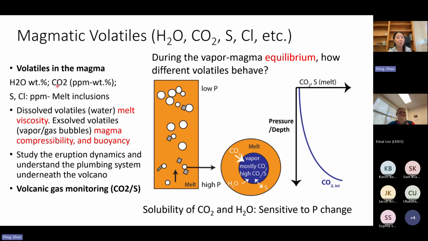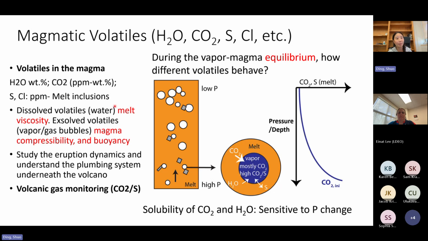CO2, we used to think was only at the ppm level, but with the advancement of measurements we realize some magma can also have weight percent level of CO2. And then we have some other less abundant ones like sulfur and chlorine, usually at thousands of ppm level. Of course, all these concentrations depend on what type of magma we're looking at.